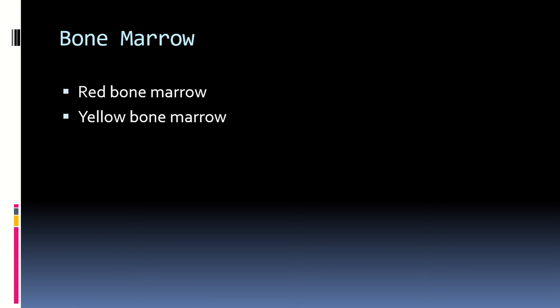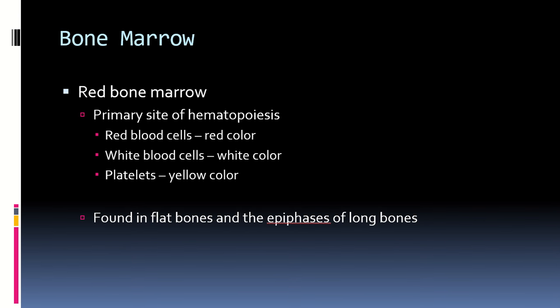Now, as far as hematopoiesis, you need bone marrow to do that. There are two types of bone marrow, the red bone marrow and the yellow bone marrow. And it's pretty self-explanatory, just based off of color, what they actually do. The red bone marrow is, well, this is primarily where hematopoiesis occurs.